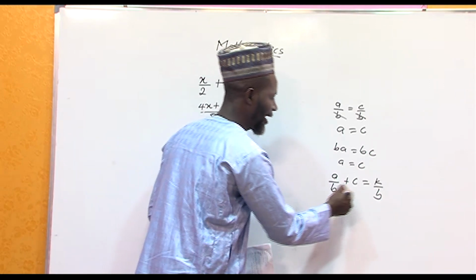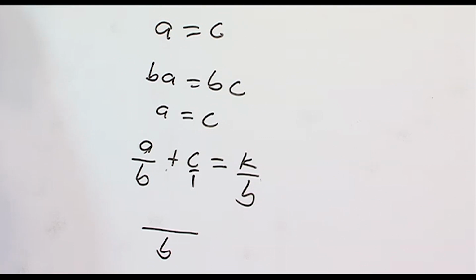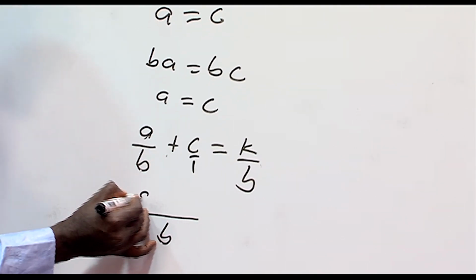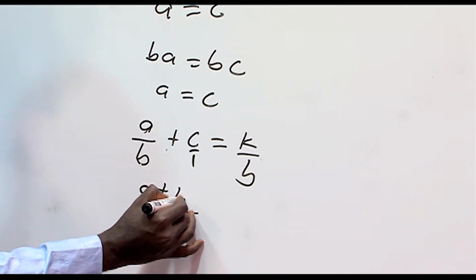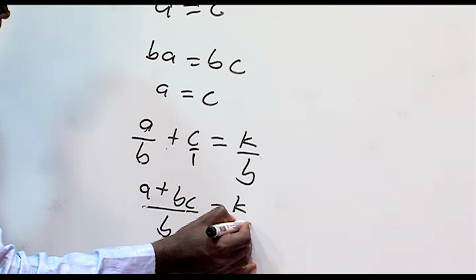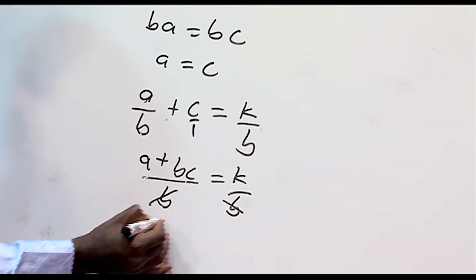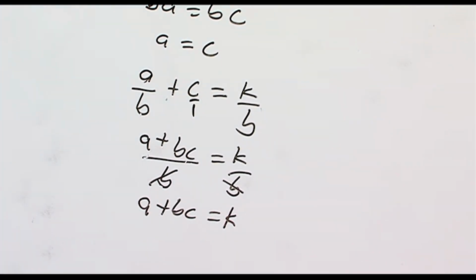Let's find the LCM. C is over 1, and the LCM here is B. B in B, 1, 1 times A, plus 1 in B, B times C, BC, is equal to K over B. Then we can strike out the denominators by saying A plus BC is equal to K. Then you continue your problem. Now let's go back to this.